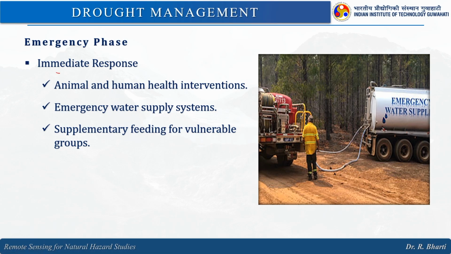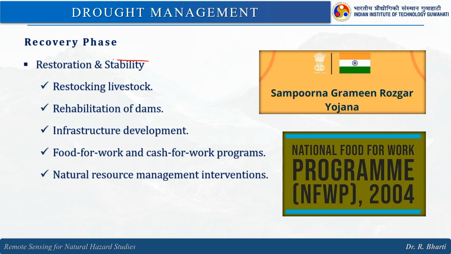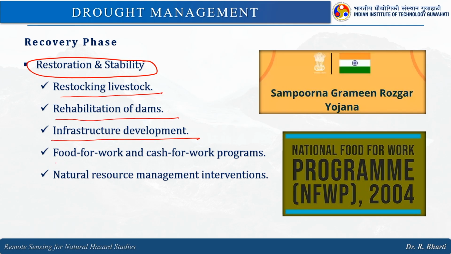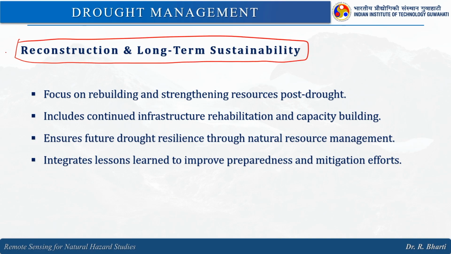Then immediate response will have animal and human health interventions, emergency water supply systems, and supplementary feeding for vulnerable groups. Then restoration and stability: restocking livestock, rehabilitation of dams, infrastructure development, food for work and cash for work programs, and natural resource management interventions. Now, we will talk about reconstruction and long term sustainability.